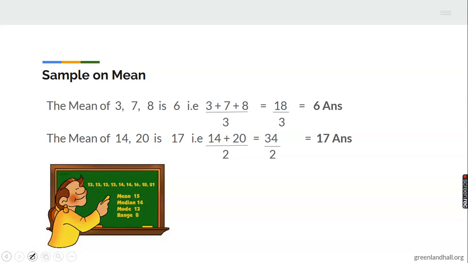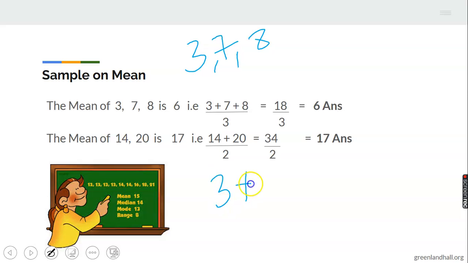Now, let's see an example on mean. How do you calculate the mean? The mean of 3, 7, 8 is equal to 6. How? Very simple. We are given 3, 7, and 8. This is what you do first. You add the numbers, 3 plus 7 plus 8, all over the number of items that I was given.